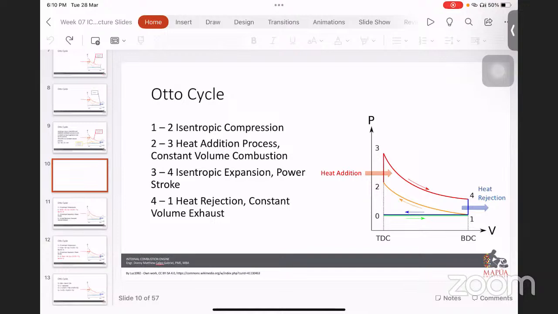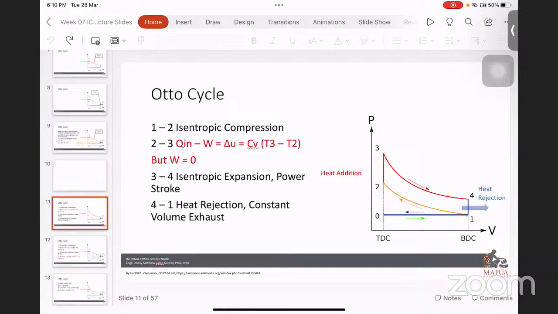This is where the power stroke, where the energy harnessed in the combustion process is in turn converted into mechanical energy. At yung process from point 4 to point 1 is called heat rejection. Ito naman ngayon yung umaalis na, yung exhaust natin.